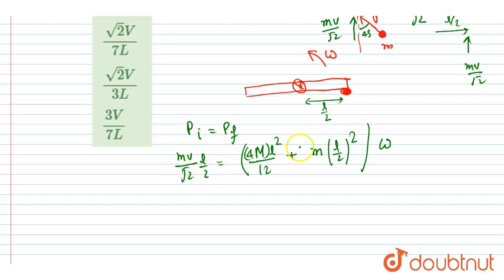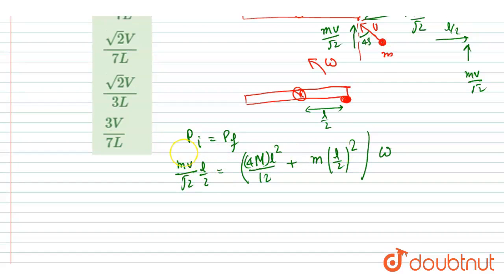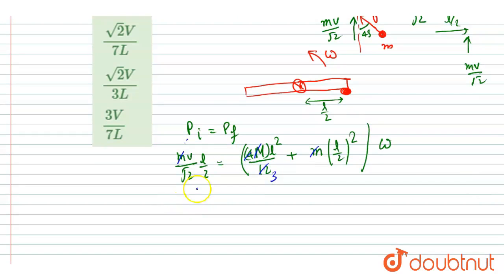Now we just solve this equation and we'll get the omega. We can cancel out this m, right? This 4 will get cancelled out by 3, right? And you can also cancel out this L. So you'll get v by 2 root 2 is equal to L by 3 plus L by 4, since 2 square is 4, right?